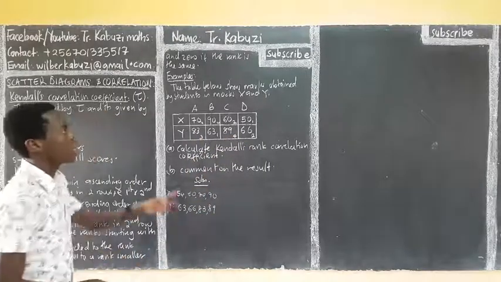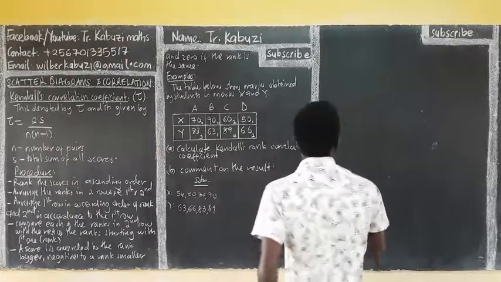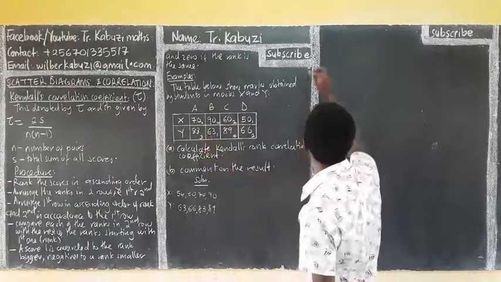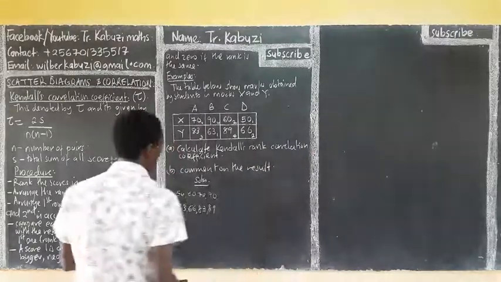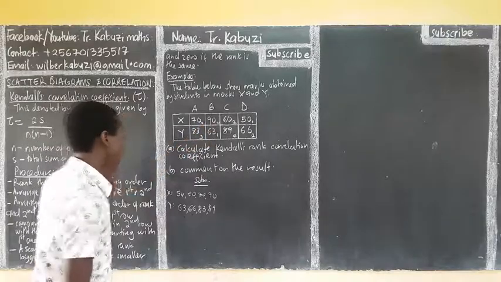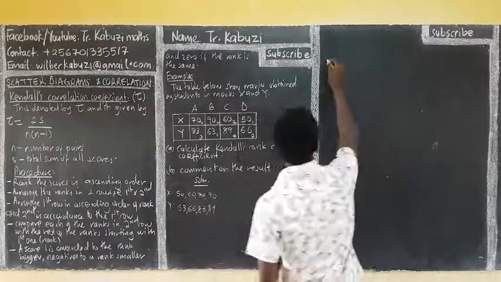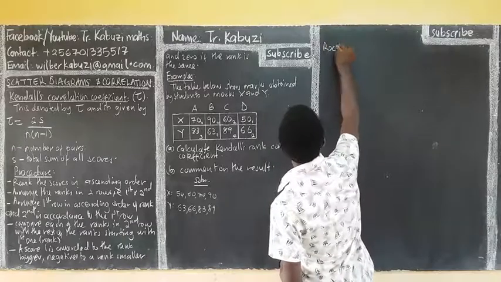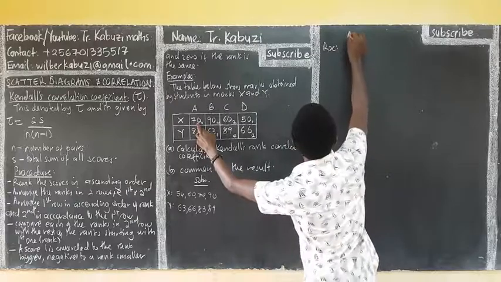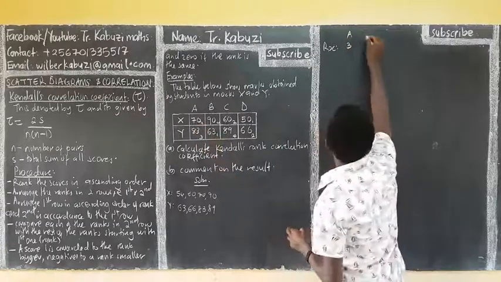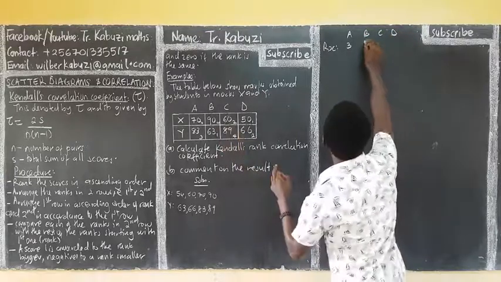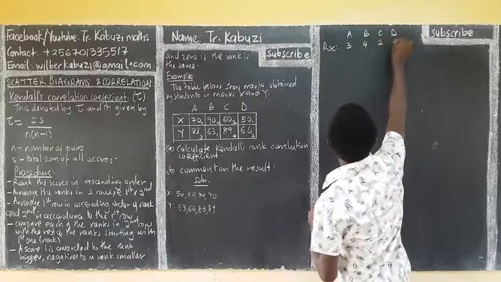Then you write the ranks you had there. After ranking, the rank of X for students A, B, C and D is 3, 4, 2, 1.